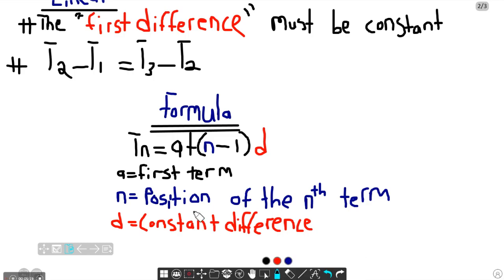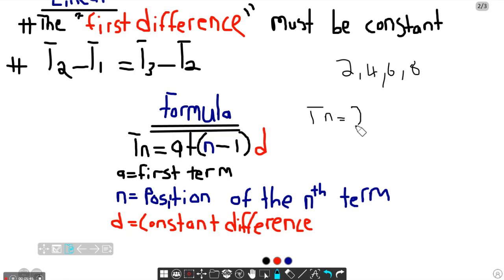So now, in this case, a represents what? Our first term, right? Meaning in this pattern, which means now, for your formula, I'm just going to do this example, right? In this pattern, what is our first term?